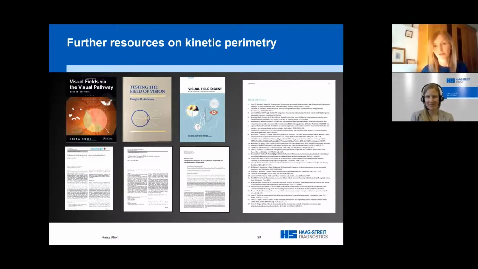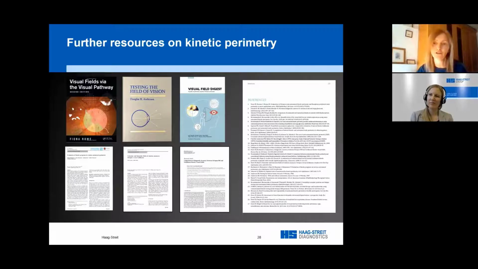There's a number of textbooks written on visual fields, and the more recently published versions have more examples of kinetic visual fields in them. But I'd strongly recommend reading the published research on kinetic perimetry, because that is very specific to kinetic perimetry.